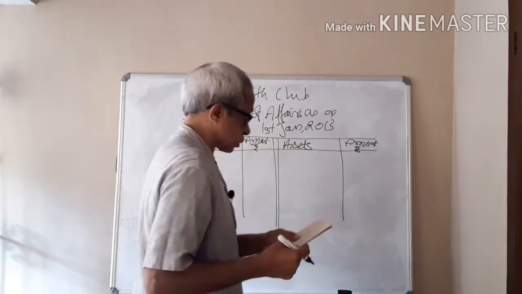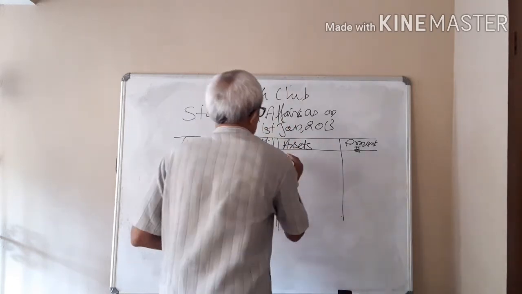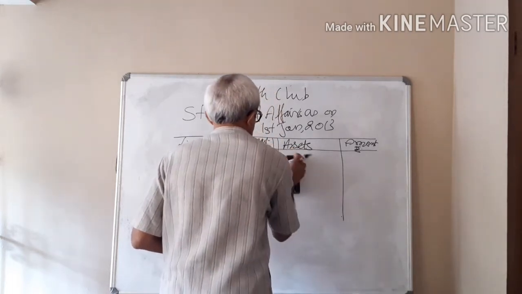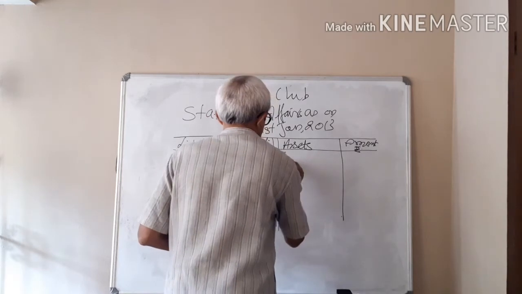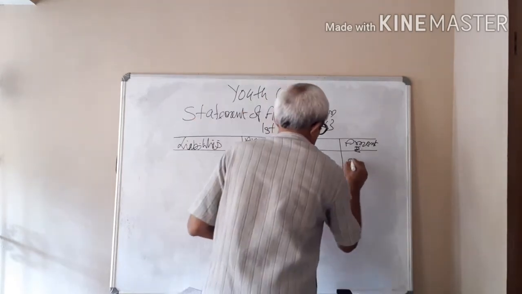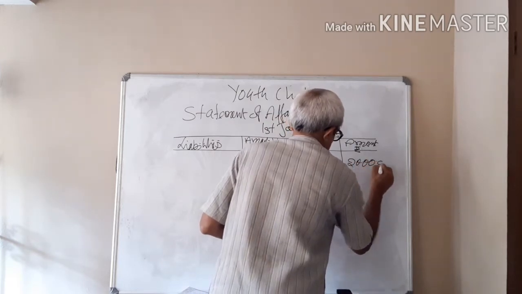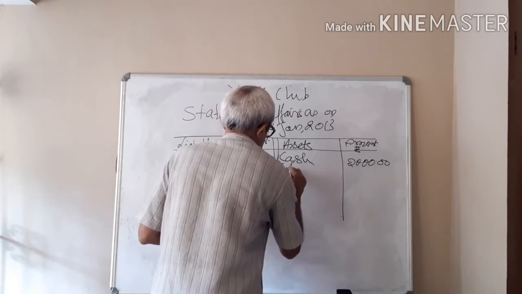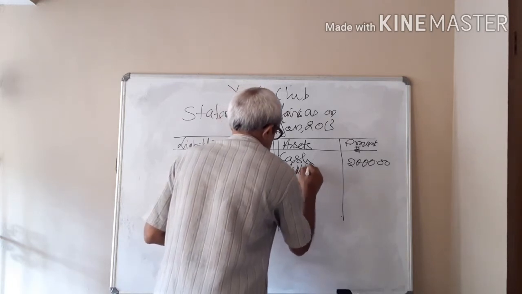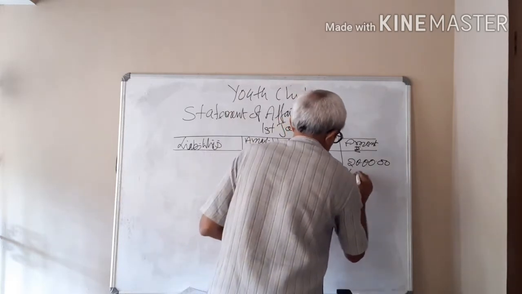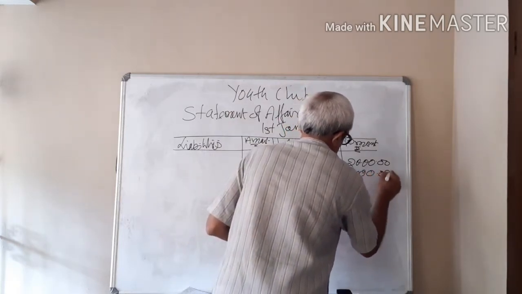That is cash, that is 2,000. Next is cash at bank, that is 6,000.